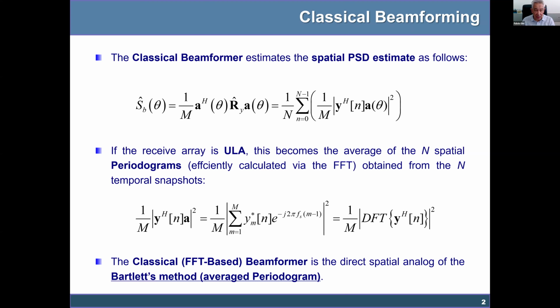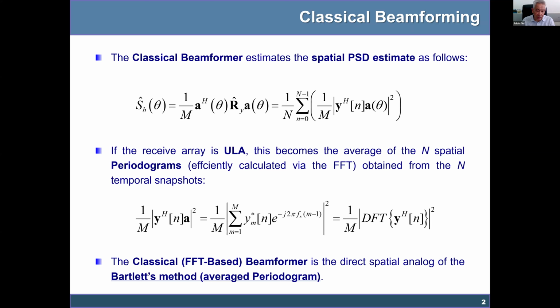And then we have seen that the classical beamformer can be used to estimate the direction of arrival of a number of targets. In general, the estimate is biased, but under some conditions that we have described in detail, the estimates can be unbiased. So we can estimate the distribution of the power in the environment as a function of the direction of arrival.